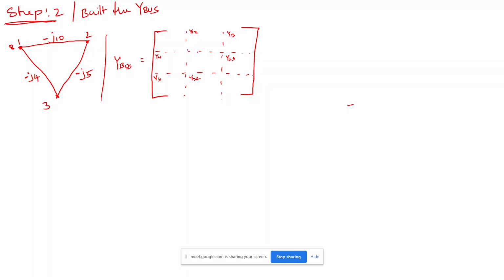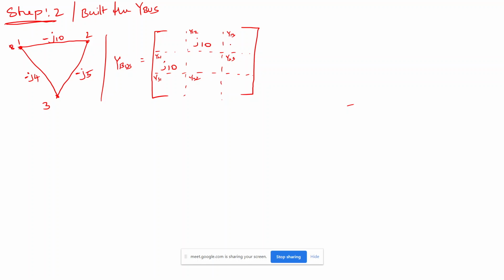So these are all the off-diagonal elements, right? For this Y12, what is the value? Minus j10. Since it is minus j10 already, in mutual there will be a minus, so it will obviously be plus j10. So here also j10, both sides will get j10, right?